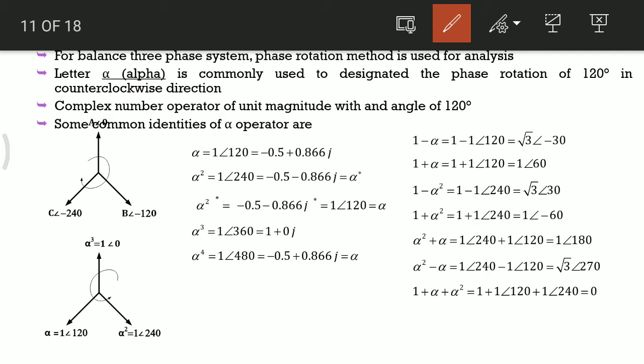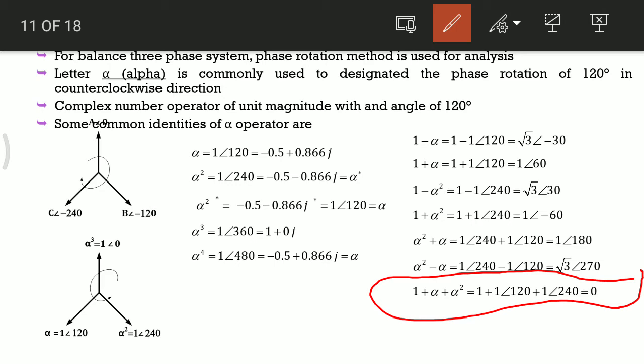Okay, so yes, one more important thing. Lastly, you can see here the value of 1 plus alpha plus alpha square. If we do 1 plus alpha plus alpha square, then it becomes 0, which also means it is a balanced condition. A common use of the alpha operator is when we want phase rotation. It is generally used in unbalanced, unsymmetrical fault conditions, where we have different phases due to the unsymmetrical fault.